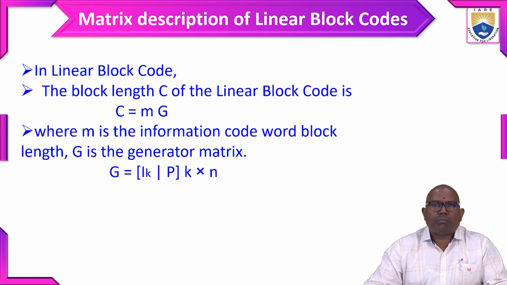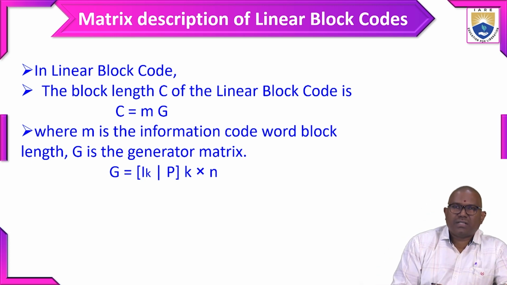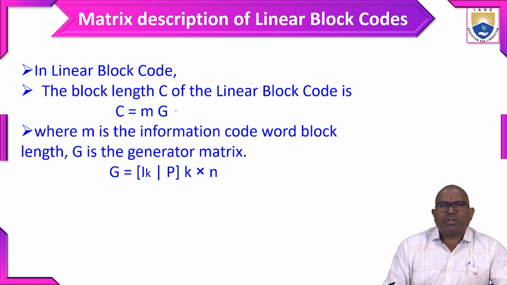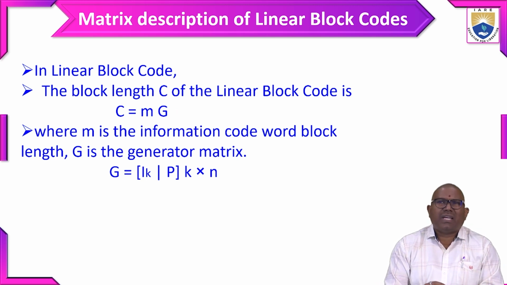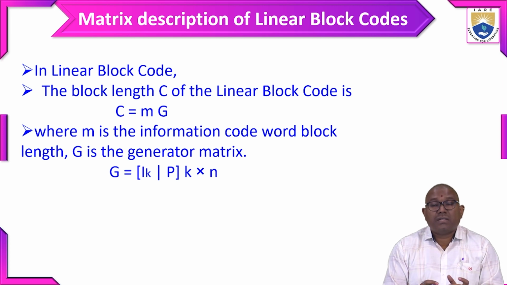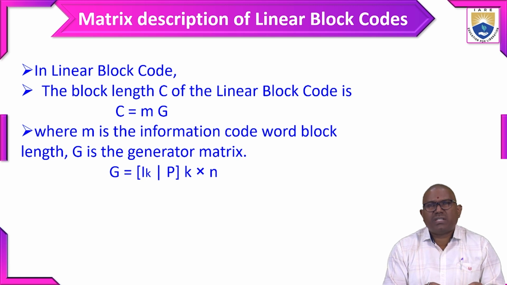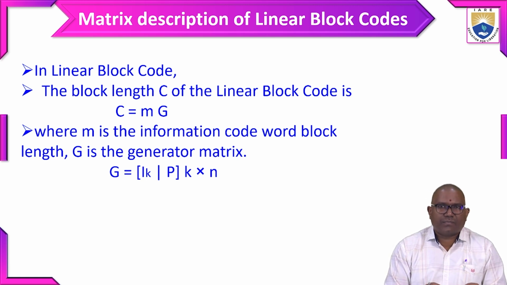In a linear block code, the code word C is equal to M into G. This is the general formula, where C is the code word. It is simple matrix multiplication. If you know matrix multiplication, it is very easy, and you can easily get marks in block codes. You just multiply M, which is the message bits, by G, the generator matrix. G is equal to I k augment P, of k by n size. k is the number of message bits and n is the number of code bits.